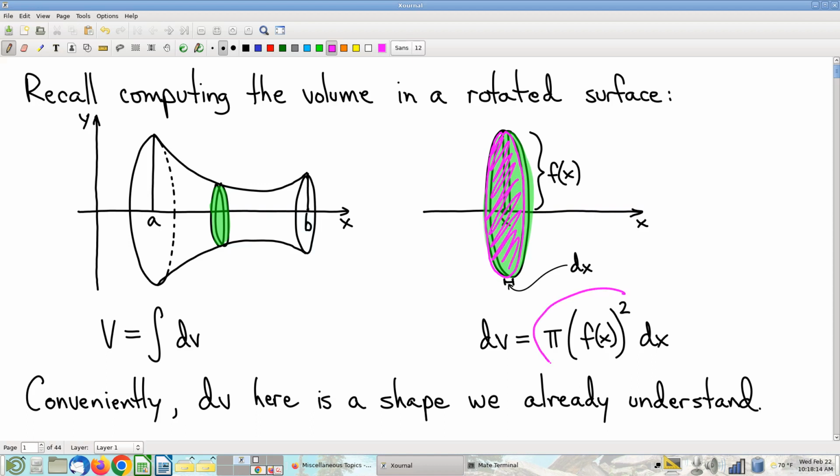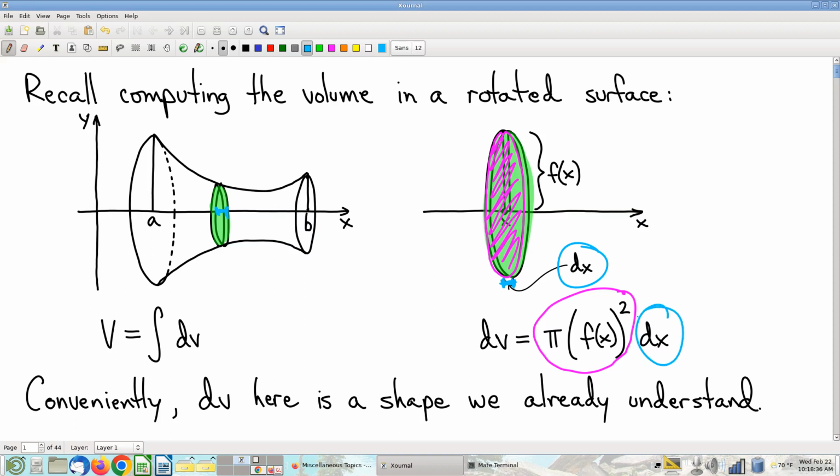So there's a cross-sectional area which I can write down a formula for because it's literally a disk, right? Easy high school geometry class formula for that cross-sectional area. And then I multiply times this thickness, which is dx, because it literally comes from chopping up the x-axis into little pieces.